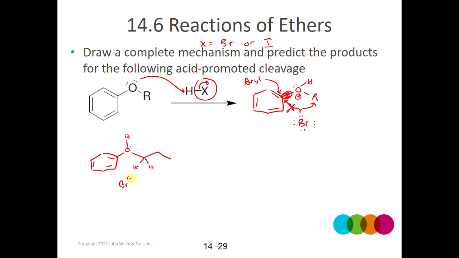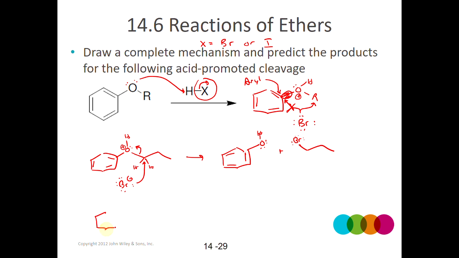And the Br minus, definitely small enough to make it into a primary carbon from the backside and push out this great leaving group. So that would give an OH, so I would produce phenol. And that Br would now be connected to that carbon right here. So I get an alkyl halide and a phenol.